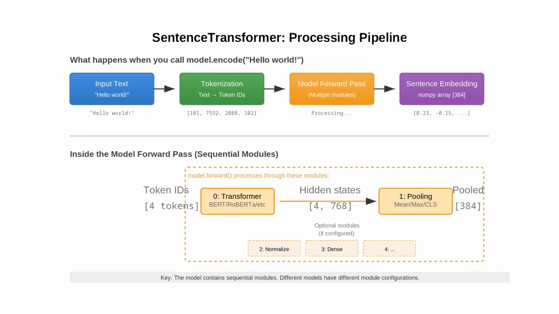Before we dive into the code, let's understand how SentenceTransformer processes text into embeddings. This image shows the complete pipeline from raw text input through tokenization, the transformer model, pooling, and optional normalization to produce the final sentence embeddings. Understanding this architecture helps us appreciate what happens under the hood when we call the encode method.